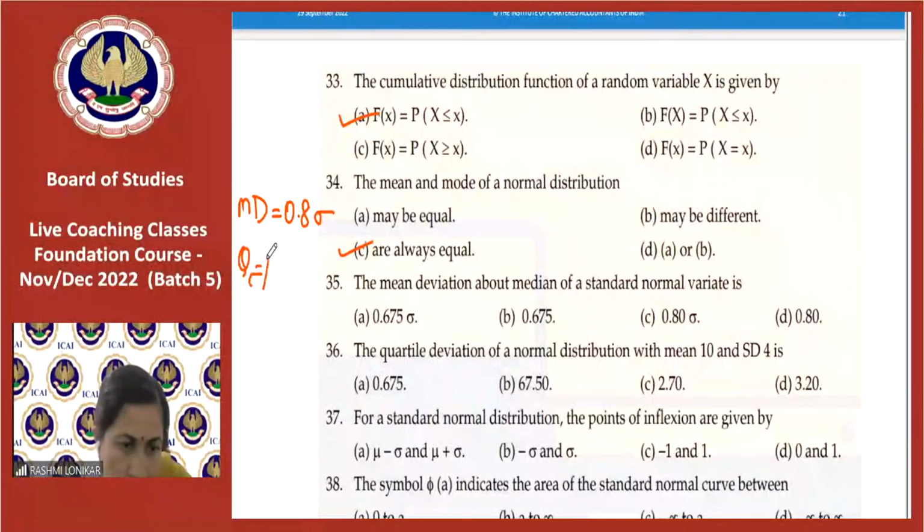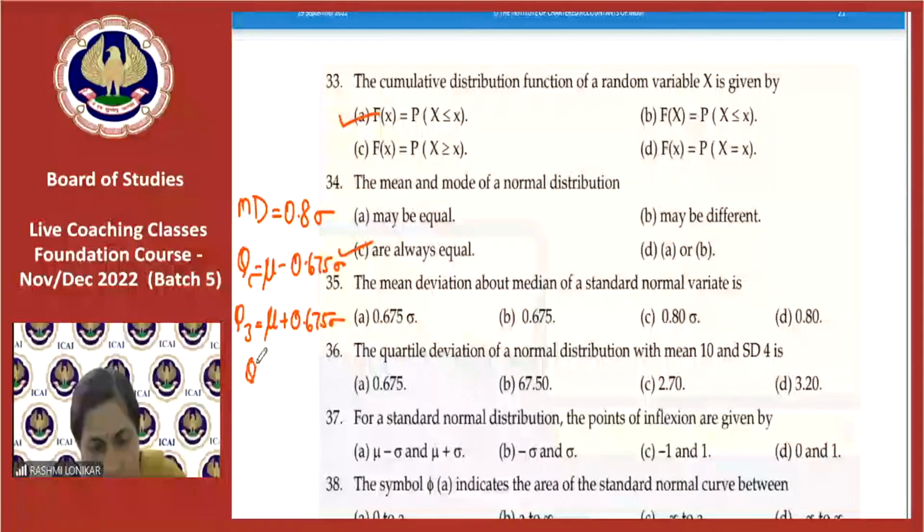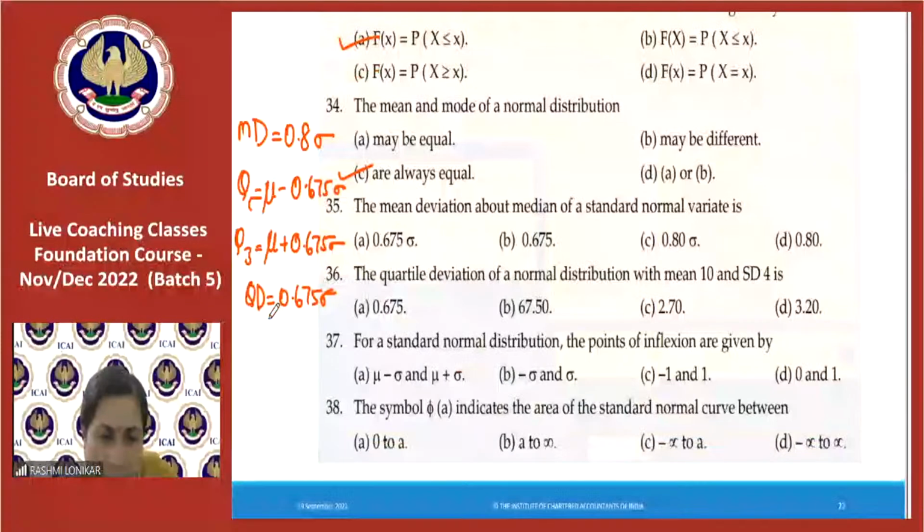Q1 is mu minus 0.675 sigma. Q3 is mu plus 0.675 sigma. And quartile deviation is equal to 0.675 sigma. We already have this formula.